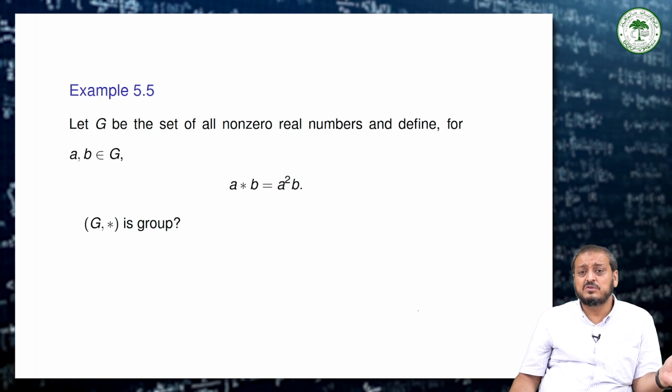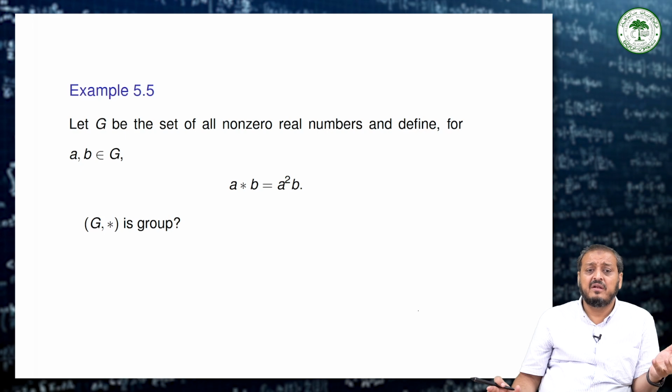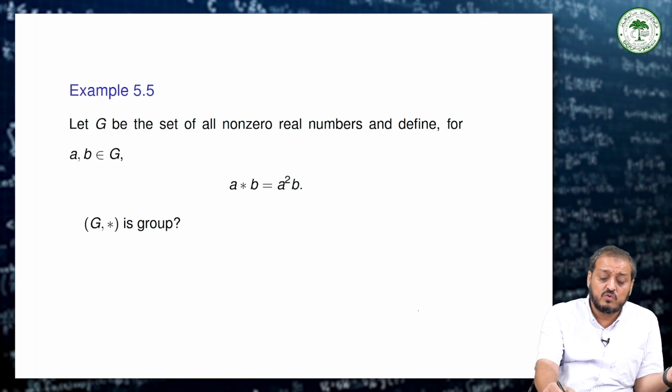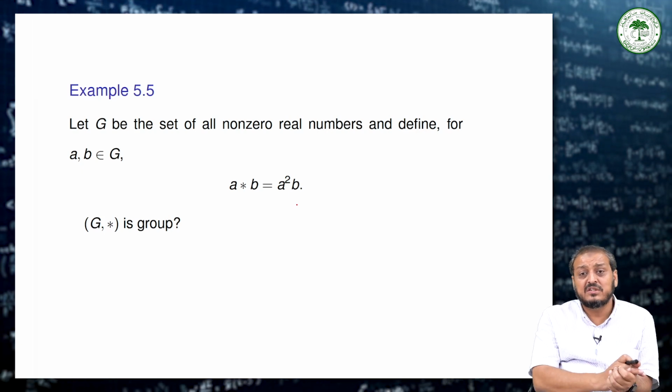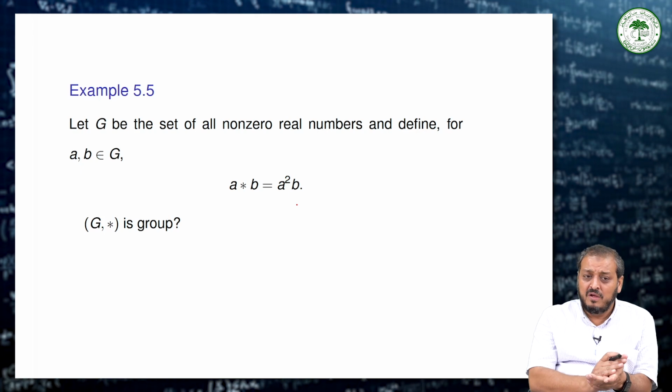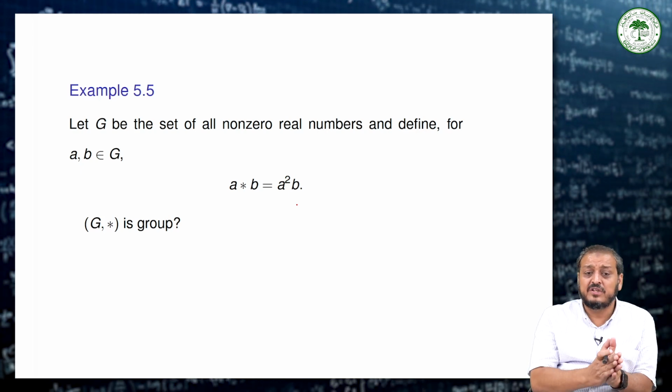Another example, we move further. Let G be the set of all non-zero real numbers and define, for a, b belonging to G, a composition b as a square b. My question is: is G under this binary operation a group? That means we have to check.